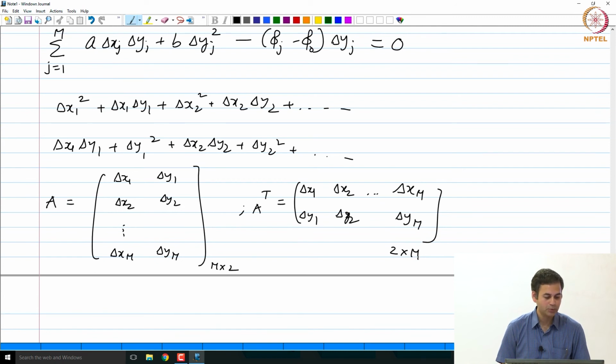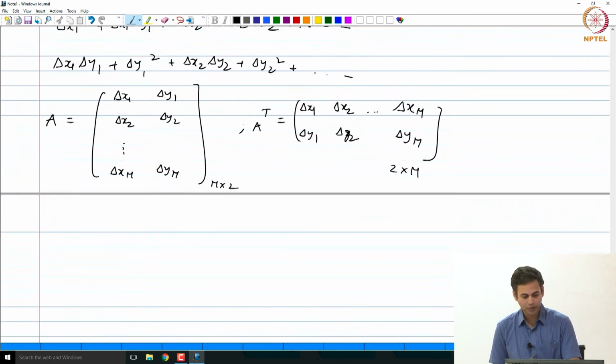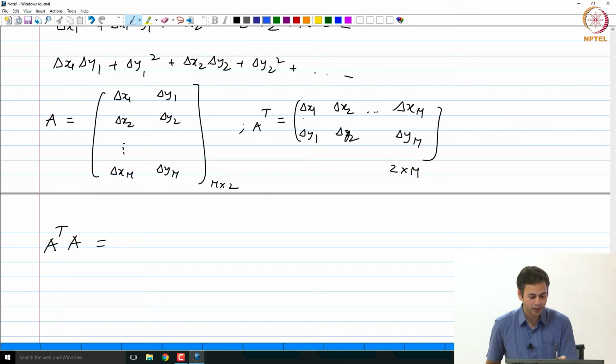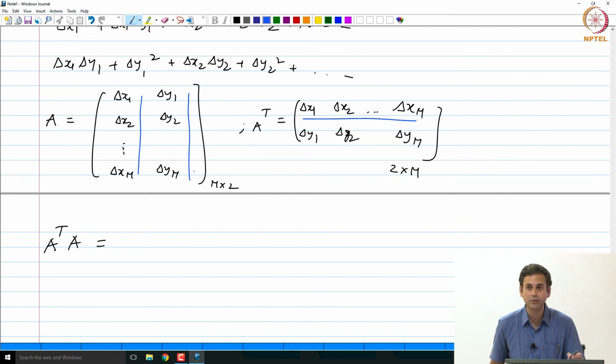What would be A transpose times A? Would that give you these equations? Essentially, multiply the first row with the first column, plus the second one, and so on.